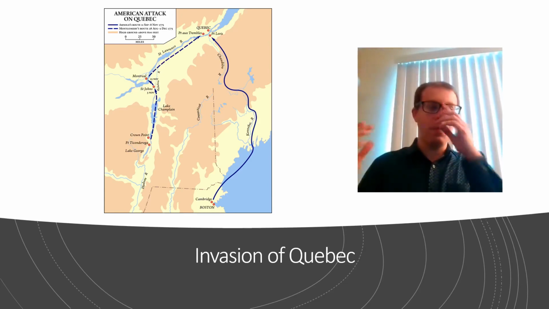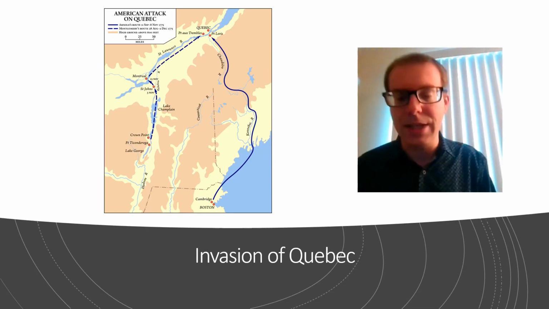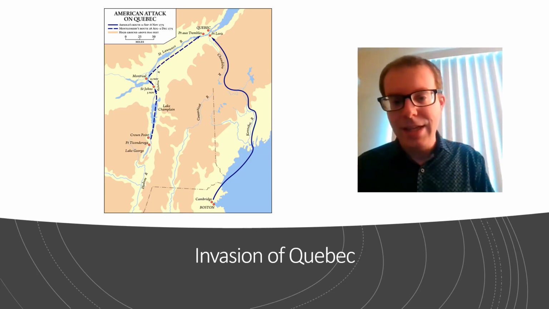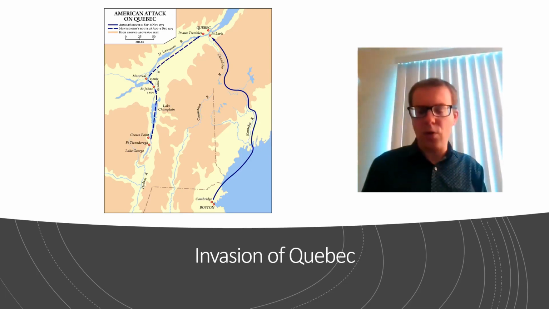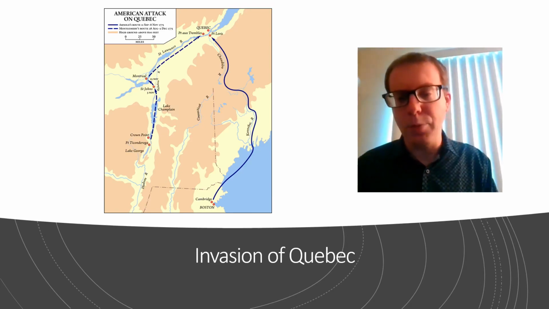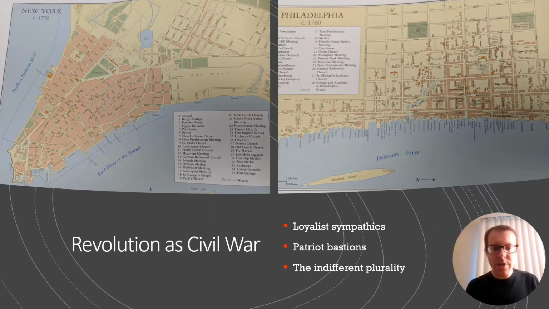Patriots, the colonists rebelling against Britain, as Canada continues to be held by Britain in this war. And so I'm not going to do a blow by blow of the American Revolutionary War, but I do want to highlight some important aspects of it.